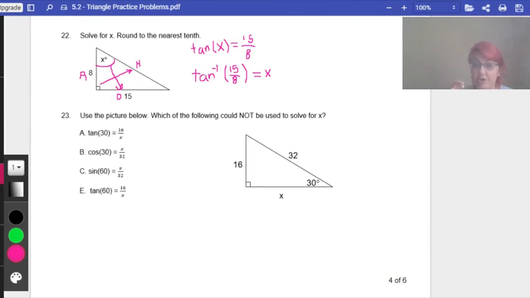You might have to turn it sideways if you're on an iPhone. And when you click that, it's going to change your sine, cosine, and tangent into sine inverse, cos inverse, and tan inverse. So tan inverse, and then just type in the 15 divided by 8.